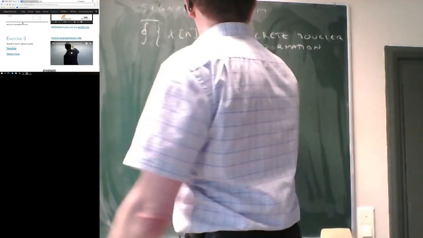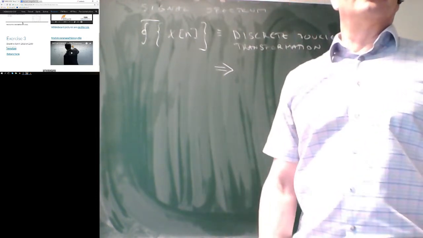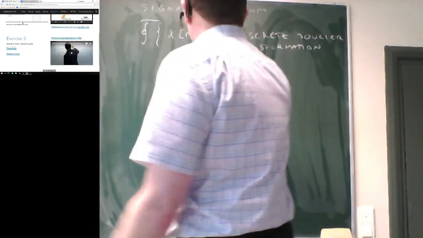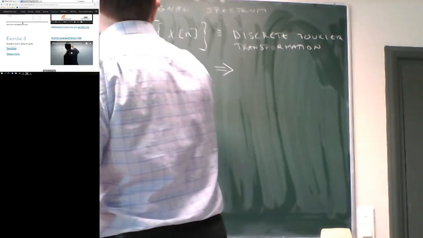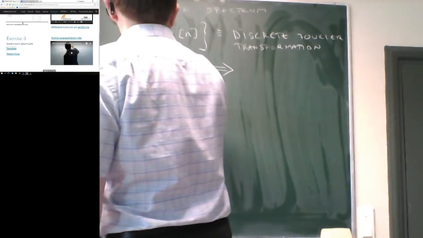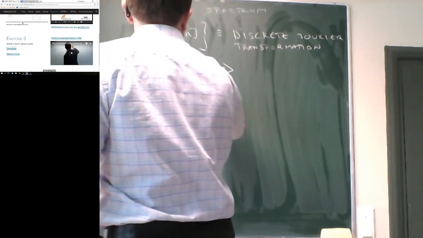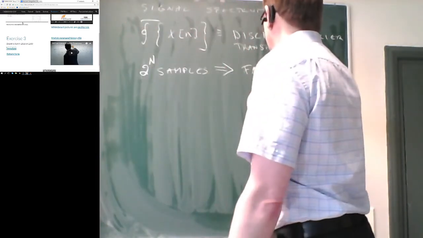But now we just use the fast Fourier transformation, meaning that we take the samples so that we have 2 to the power of some n samples. Then we can use the fast Fourier transformation.